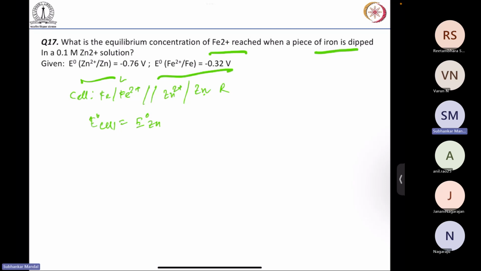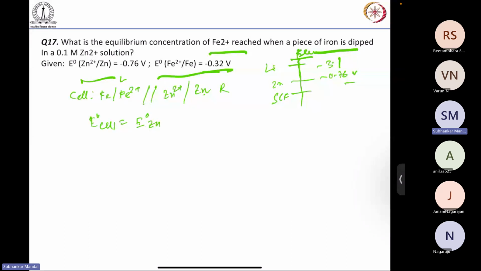No, actually you have to think here. We learned the electrochemical reduction potential table, where SHE is there. For lithium it is minus 3.1 volt. For zinc it is minus 0.76 volt, like that.